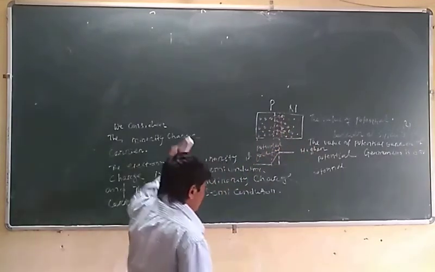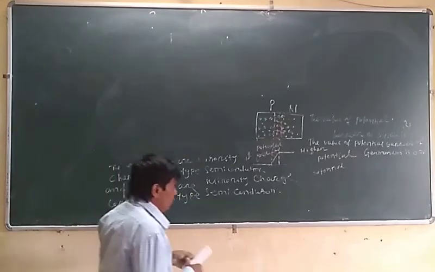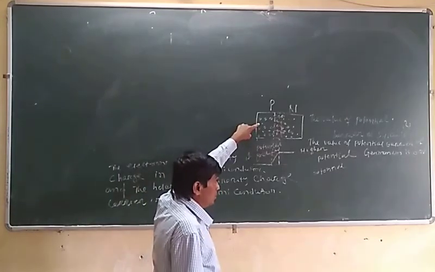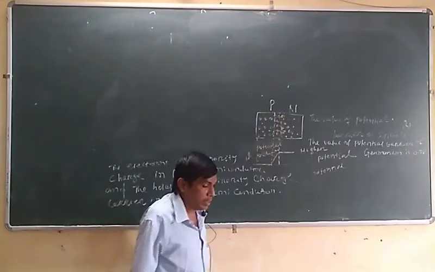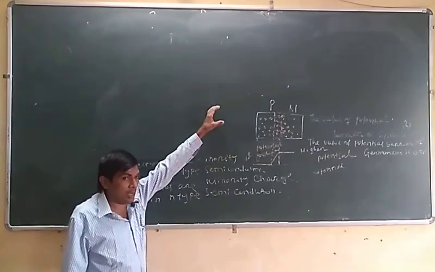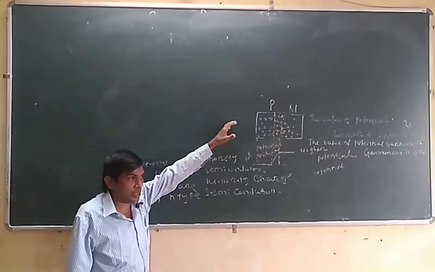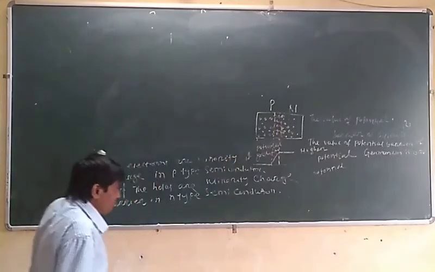Why? Because electrons always move from negative to positive, and holes, or positive charge particles, always flow from positive to negative.